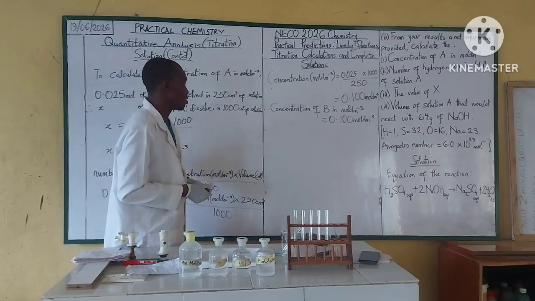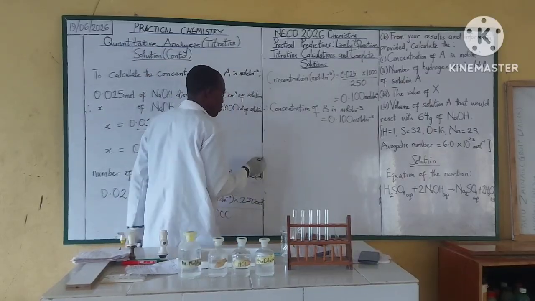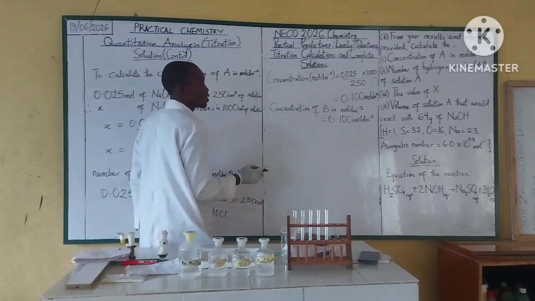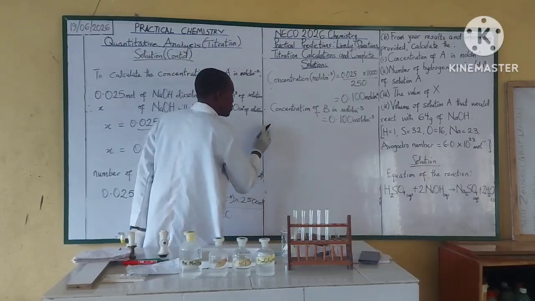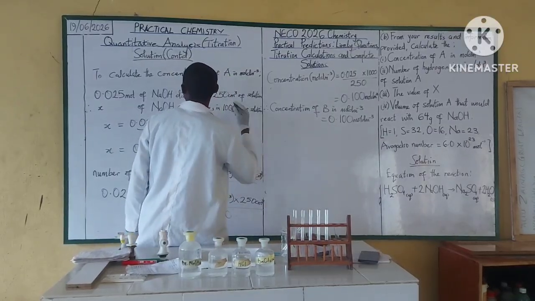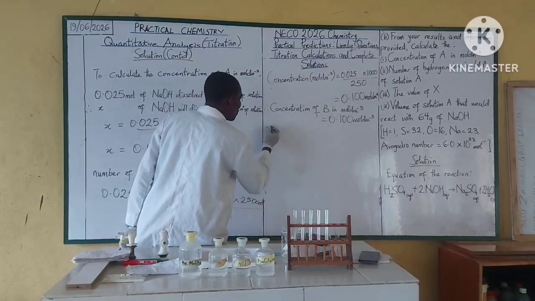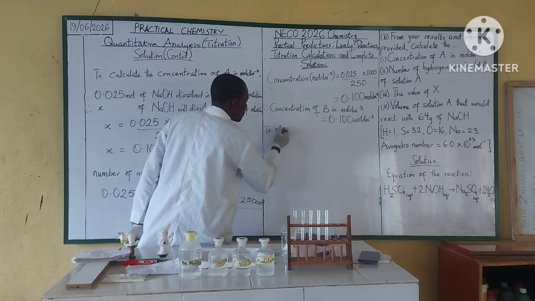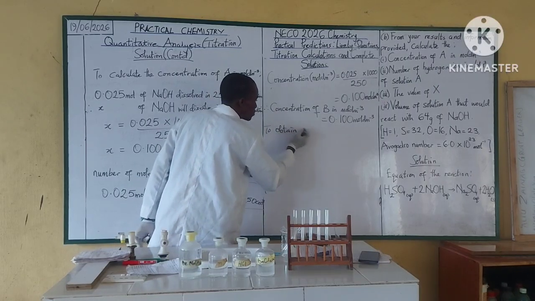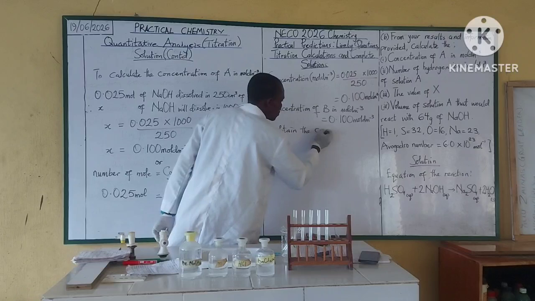Now, having done that, we can move to the formula for us to calculate the concentration of A in mole per dm cube.